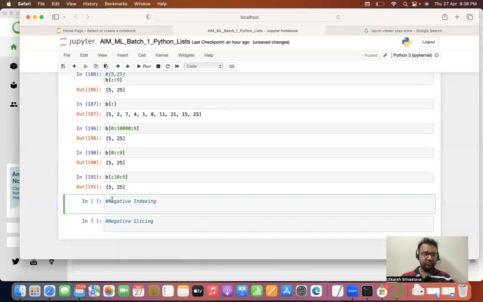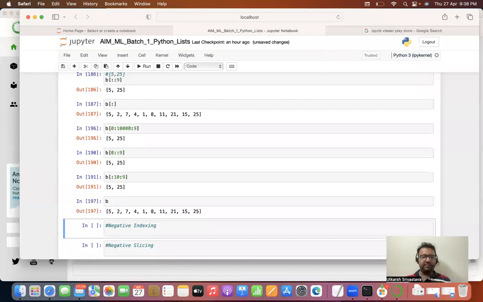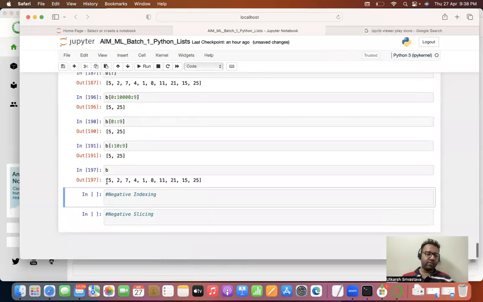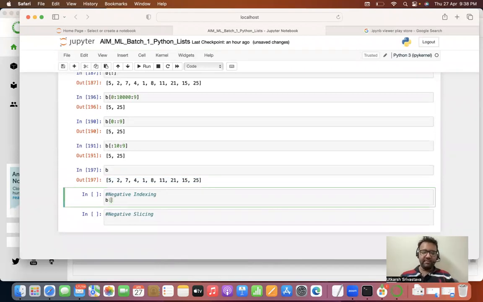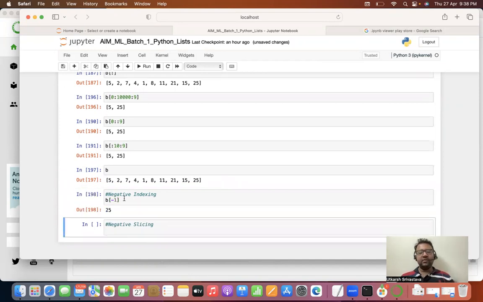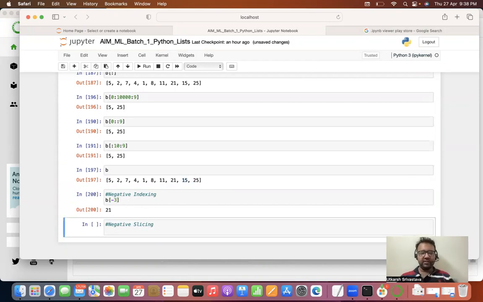We have B. Let us take B[-1]. It is 25, the last element. Let us take B[-2], the second last element. Similarly, B[-3], B[-4].